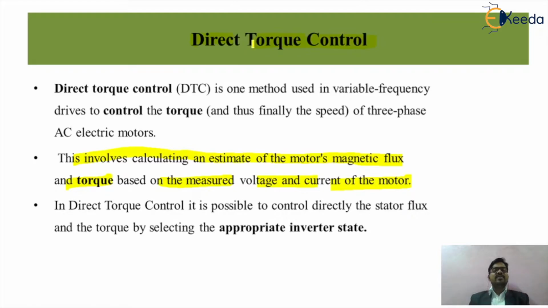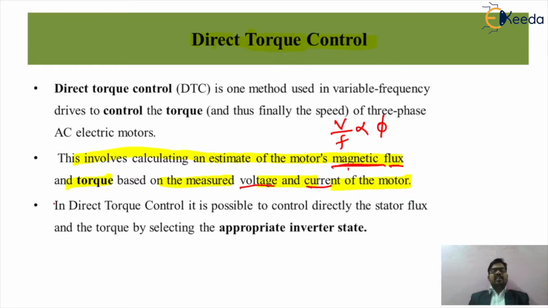By sensing the voltage and current, we can directly control the torque as well as the flux, because as we know, in the V by F control scheme we want to maintain a ratio, that is, the flux should be constant. So by means of direct torque control we get the direct torque quantity, and along with that we want to control the motor's magnetic flux by changing its voltage and current. So this is a very important thing.